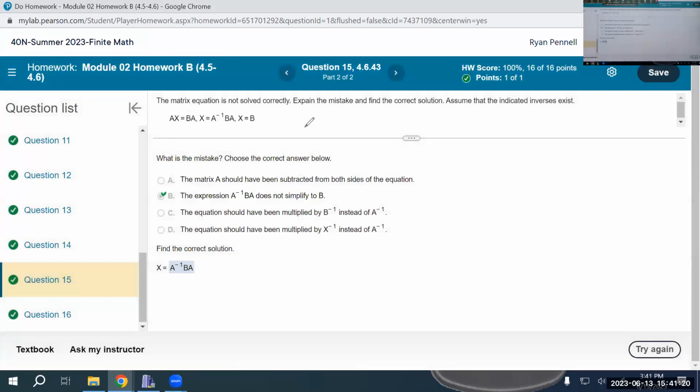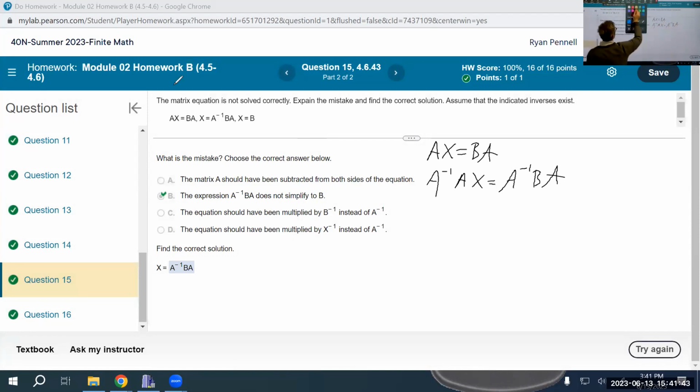That's 14. 15, similar, says AX equals BA. And we're trying to solve for X. Okay, what I would do is I would go A inverse times A times X, A inverse times B times A. That would get the identity matrix, or in normal algebra that would turn into number 1.